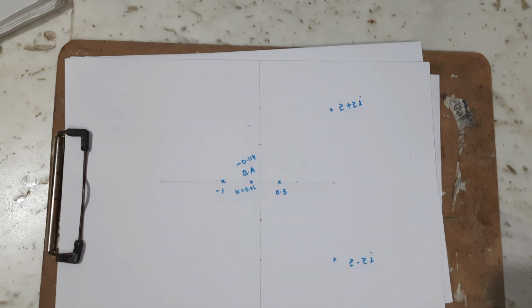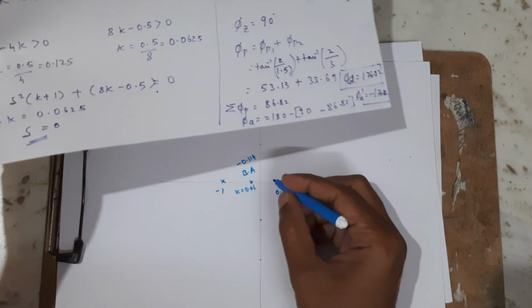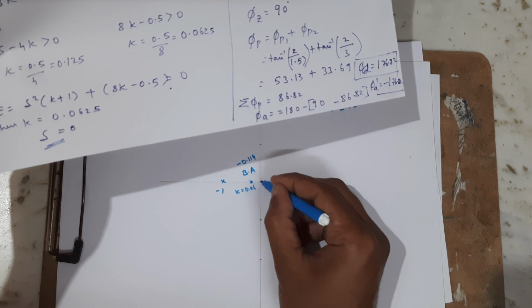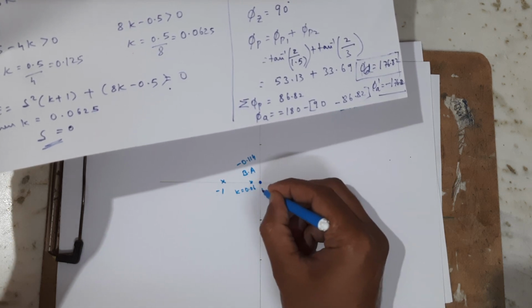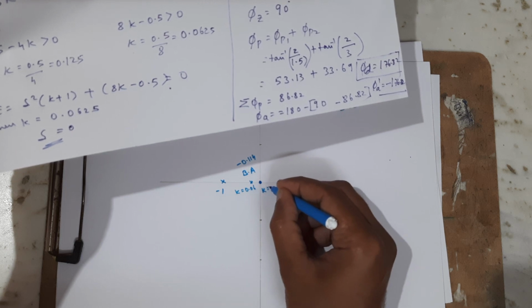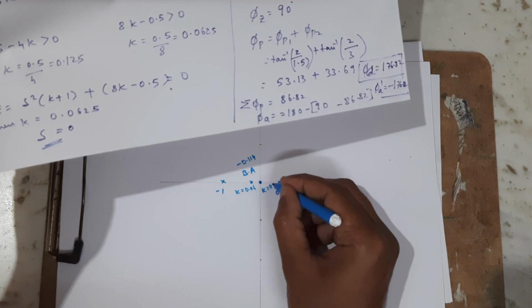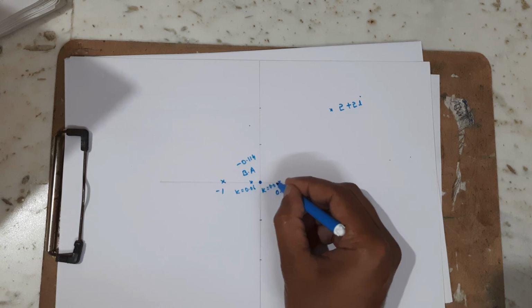Next is the intersection of the root locus with the imaginary axis. It is going to intersect at s is equal to 0 here. At this point k is equal to 0.0625. Okay, pay attention, 0.0625.